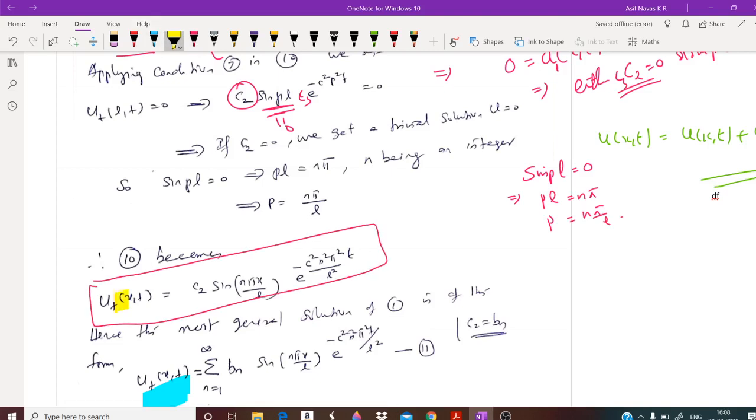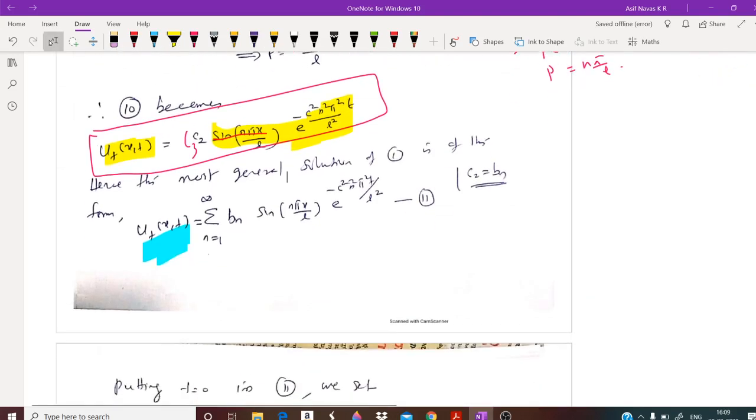u1 of x t is equal to C2 and there is one more constant C3, C2 sin n pi x by L into e raised to minus c square n square pi square t by L square.